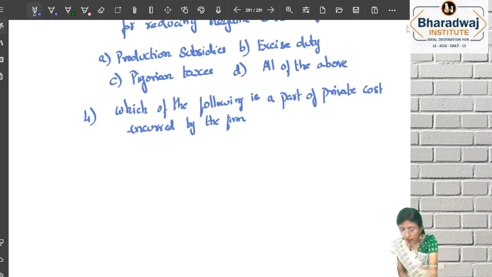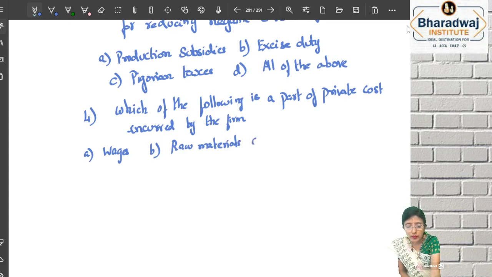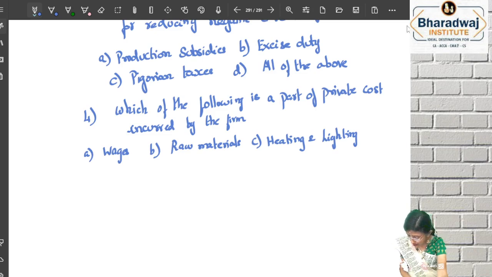The options are wages, raw materials, heating and lighting, and D is all of this given.